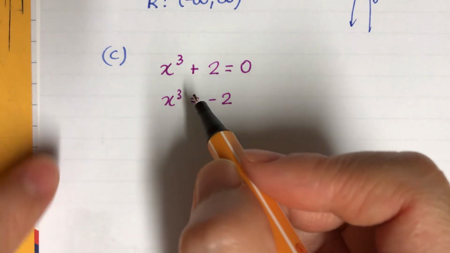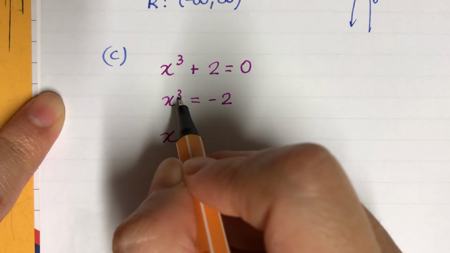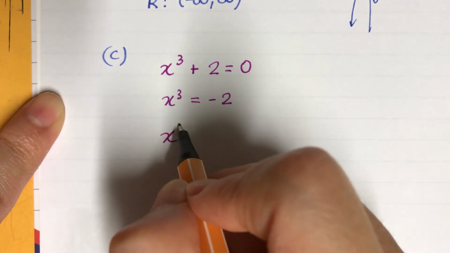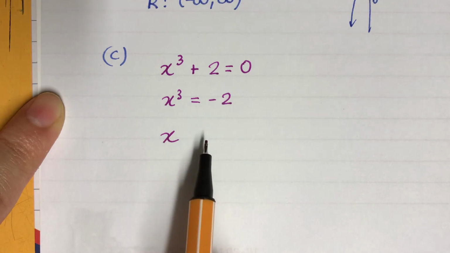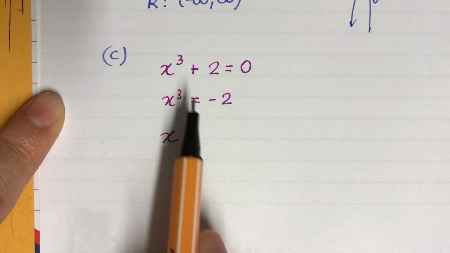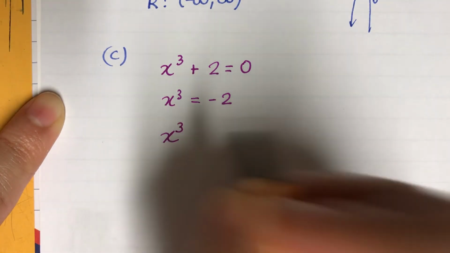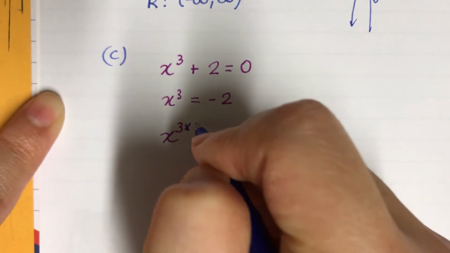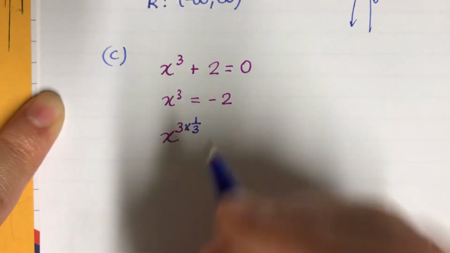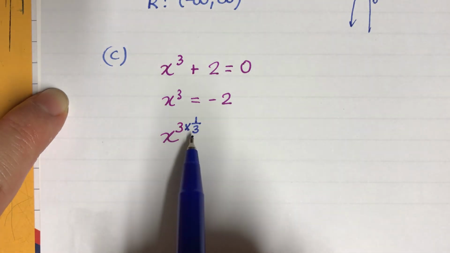I'm going to show you the simplest way of doing this. I need to make it a power of 1 here, because we want what x equals. We don't want x cubed equals. So if I have a cube here, how do I make it a power of 1? I will have to times by 1/3 to make it the power of 1.